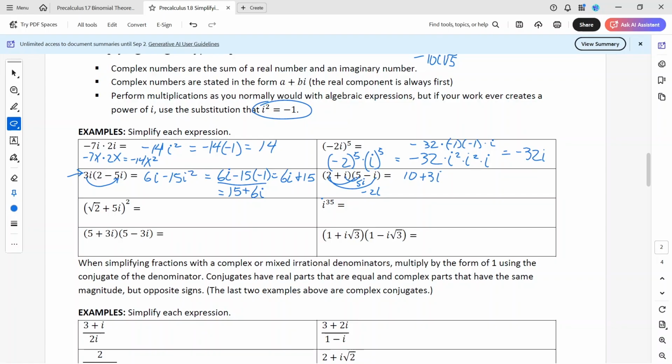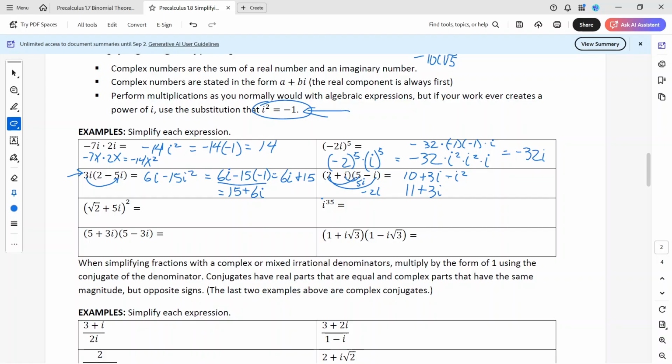And then last times last is positive times negative for negative. i times i is i squared. However, remember, if this were an x squared, we'd just walk away from it because we don't know the value of x. But we do know the value of i squared, remember? It's negative 1. So this becomes a minus negative 1, which is a plus 1, which then becomes 11 plus 3i. And again, notice how we like to put that real component first and the imaginary second.